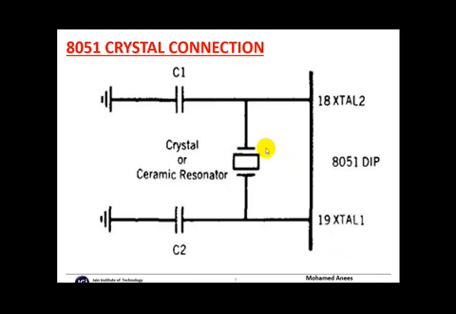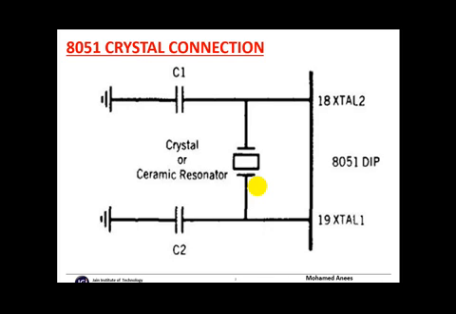Now this crystal you cannot connect as you wish. The manufacturer will tell you the range of the crystal that can be connected to this 8051. The manufacturer says you can connect a crystal between say 5 megahertz to 20 megahertz. So between 5 to 20 megahertz, you have to go to the market and select a crystal.